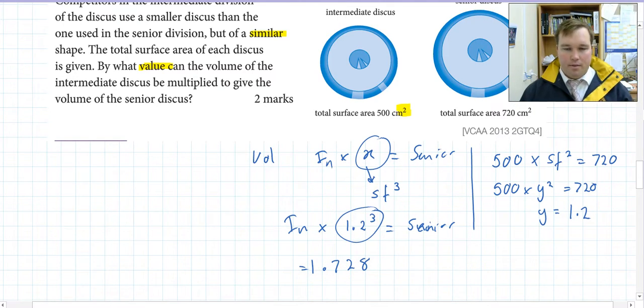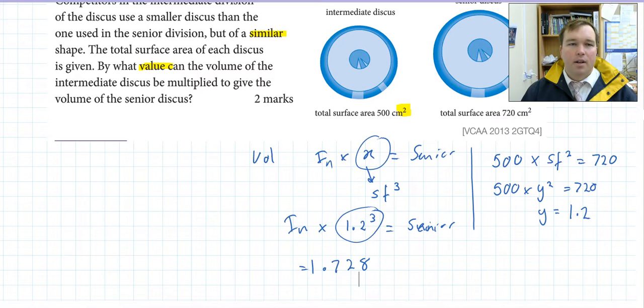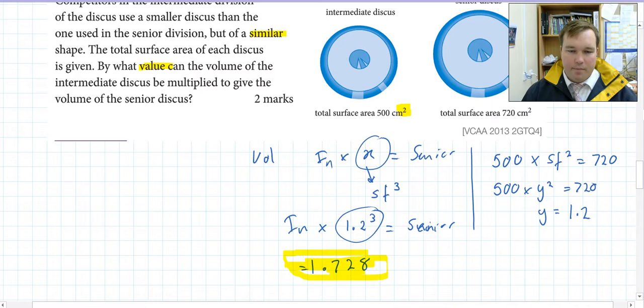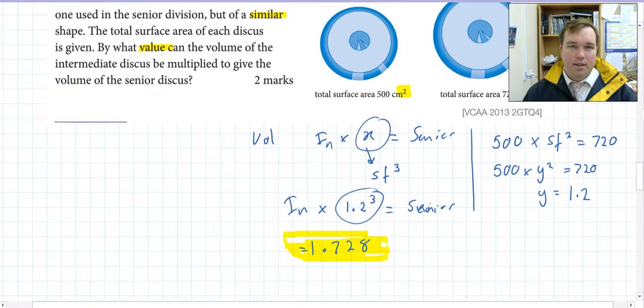Right? 2 marks. Not the easiest thing in a test or an exam, but doable once you recognize that this scale factor can be used as squared or as cubed, and you don't have to have a pair of lengths to find the scale factor. You can find the scale factor from a pair of total surface areas.